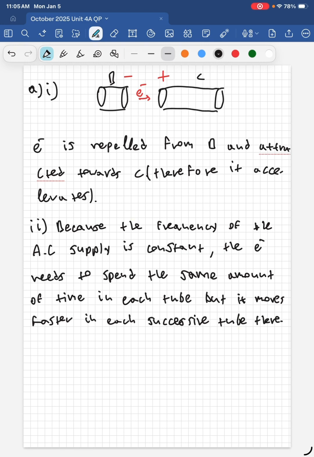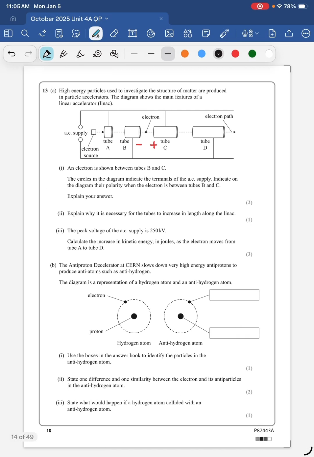Therefore, the tubes need to get longer. That's the answer.